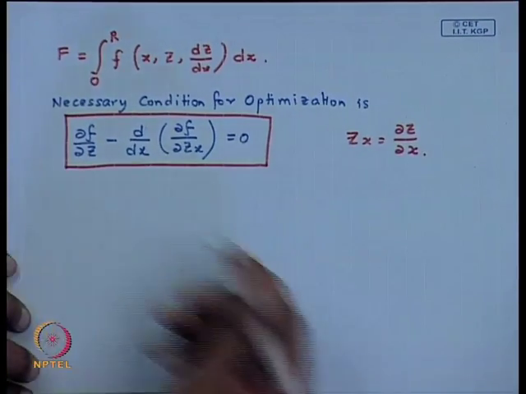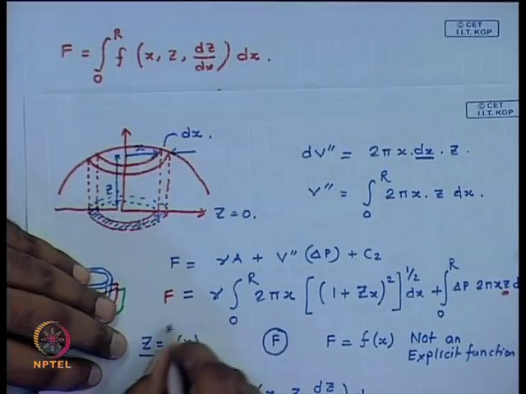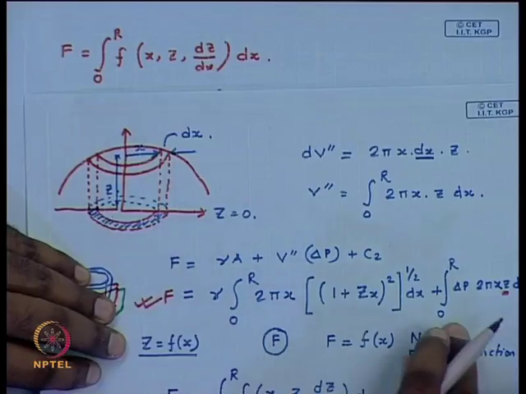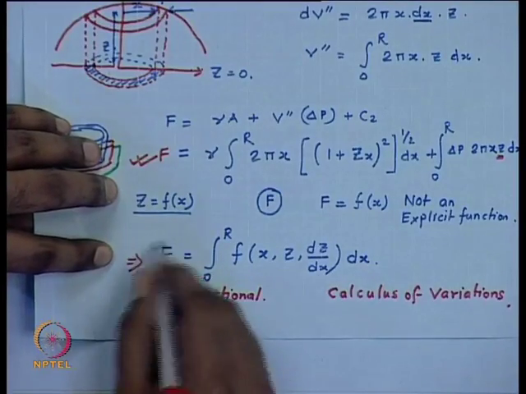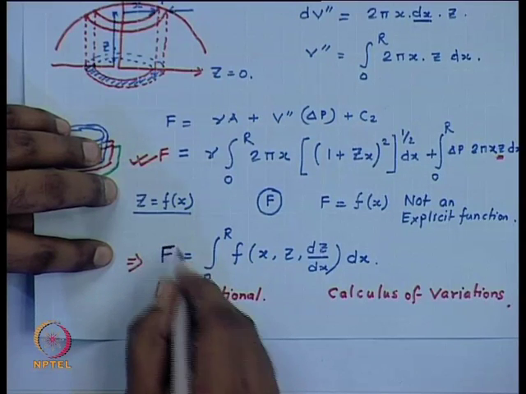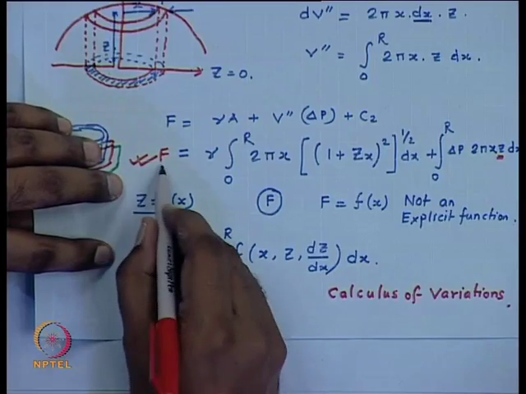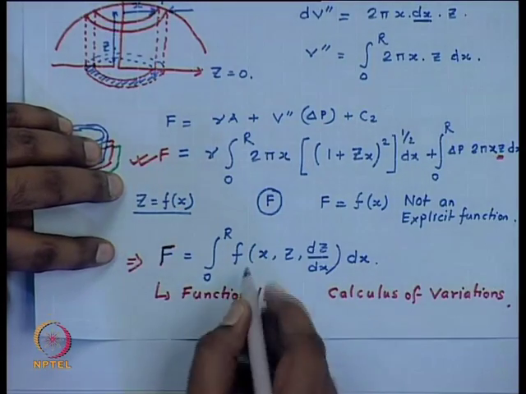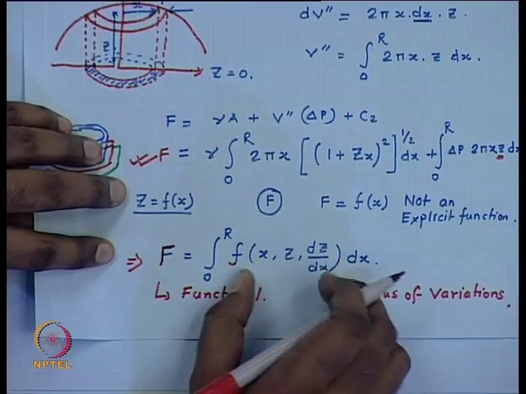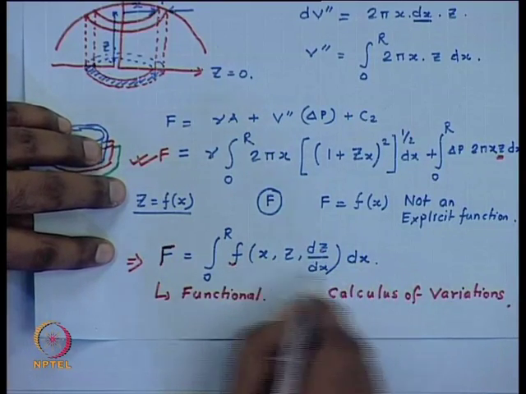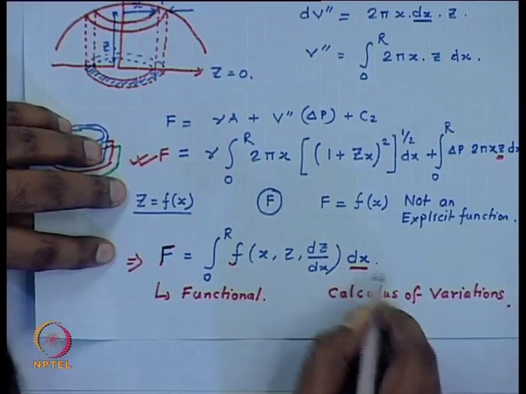Now, if we look again at the expression of F, we have defined the functional F. This is the general form of the functional, and for simplicity we have kept this as capital F as well, but here we were looking at the free energy. So, if you look at the general form, we define a function small f, which is within the integral and is going to be integrated over dx.